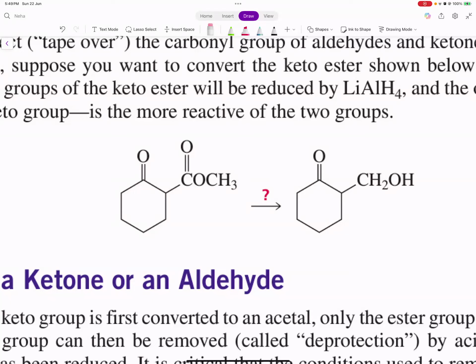But in the product, I do not want the carbonyl to be reduced. You understand the problem now, right? If I just use lithium aluminum hydride, the keto group will also get reduced and I will get an OH here. But we don't want that. We want it to be intact.